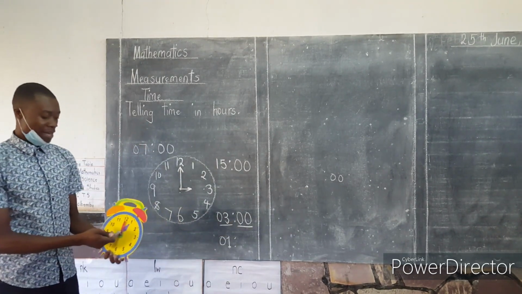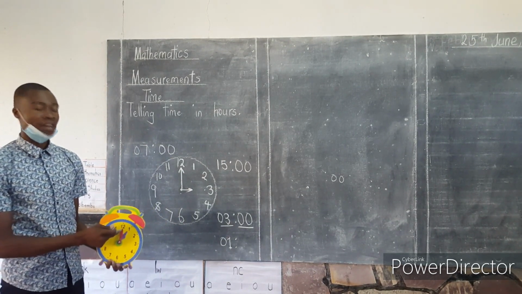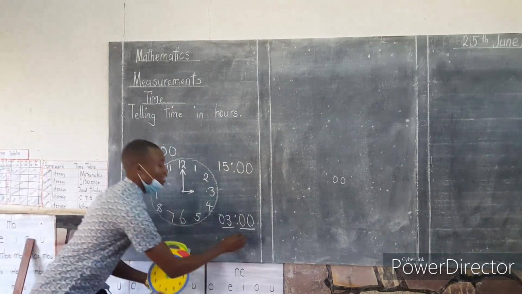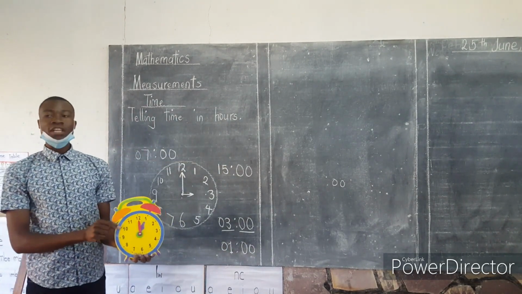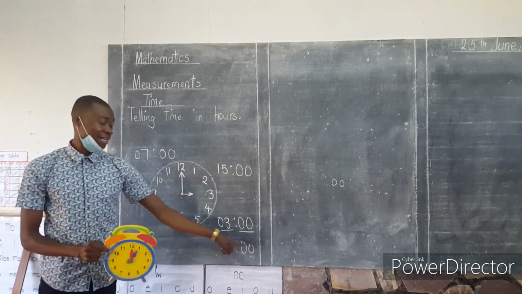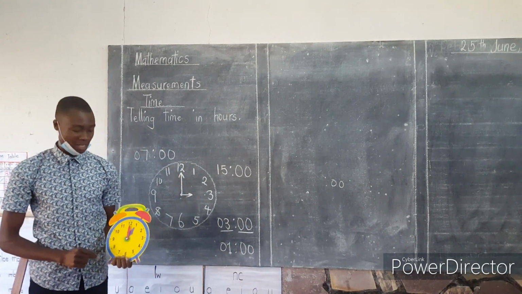What of the minutes? It is pointing at 12, and I said at 12 it is 00. So the time shown on the clock there is 01 hours. That is in the morning.